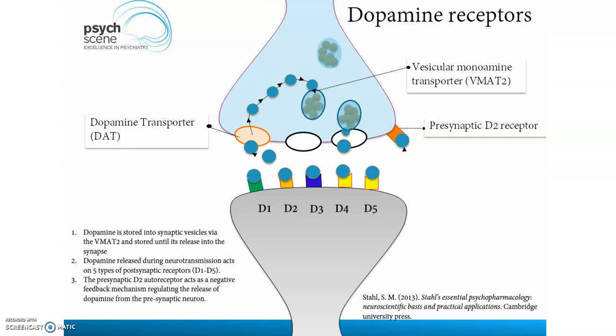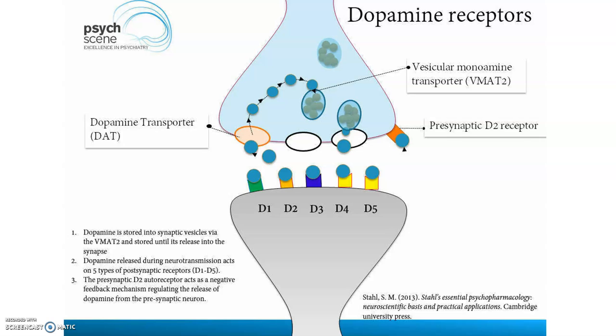The second one is that it will be taken up by the presynaptic receptors present in the presynaptic neuron. And the third condition is that it will be taken back into the presynaptic neuron, where the dopamine will get degraded with the help of an enzyme called monoamine oxidase.